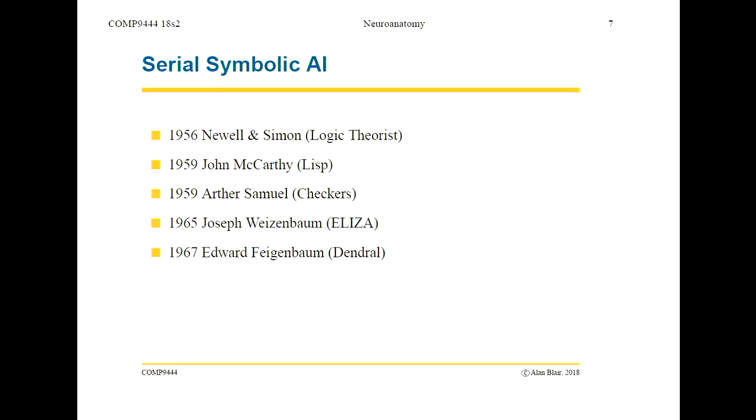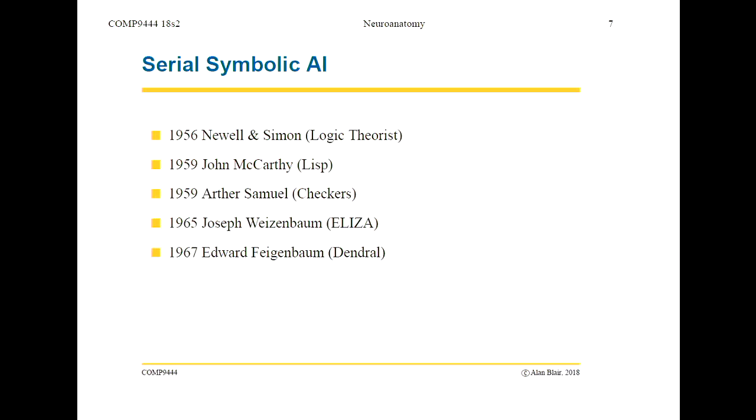You had the neural network approach or the connectionist approach, and then there were other people who said that the best way to achieve AI is through serial symbolic processing. So at that '56 conference that I mentioned, Allen Newell and Herb Simon displayed this thing they called the Logic Theorist.